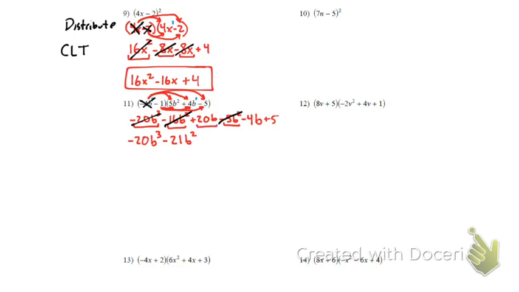Okay, we move on to the next term. We're looking for another b. So we have b to the first, or just b, and here's another b. So we have positive 20 and negative 4. They are on different teams. So they're going to eliminate each other, but the positives are going to win because they're bigger. So I know my answer is going to be positive. And the positives are going to win by 16.